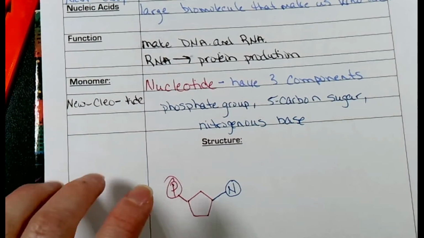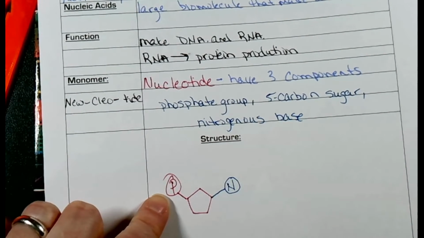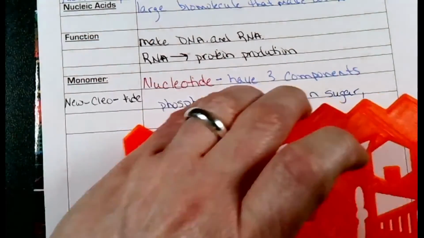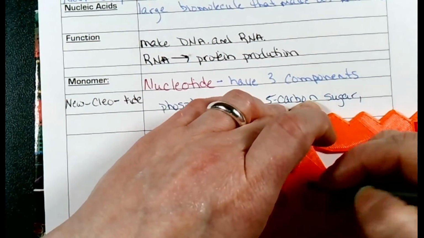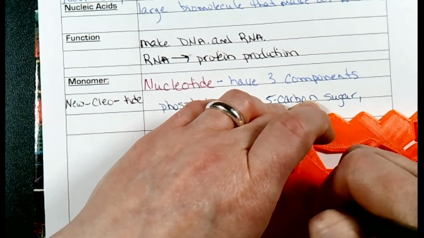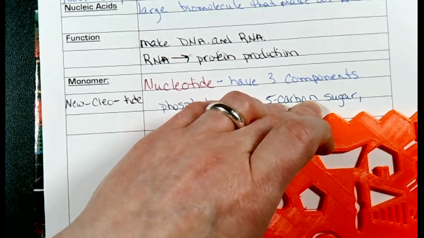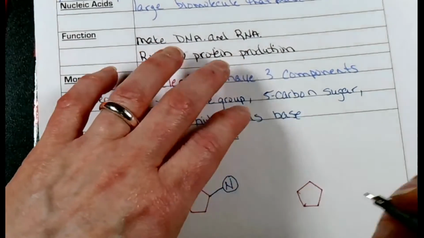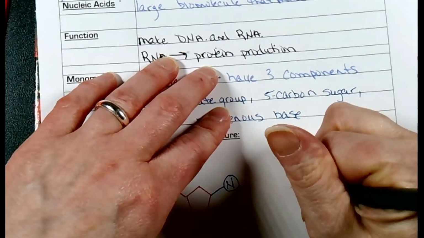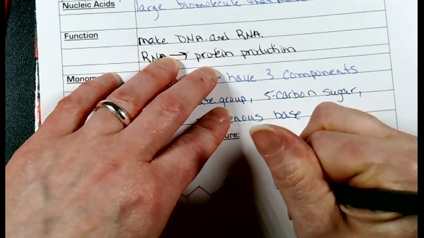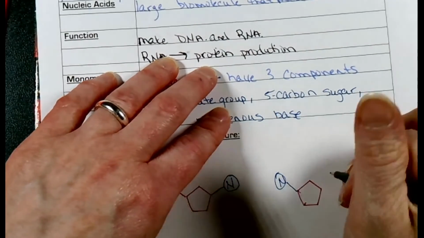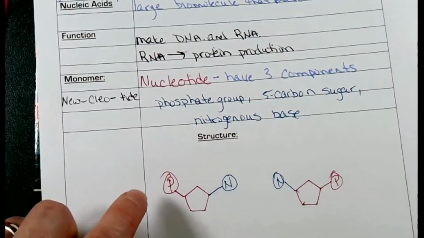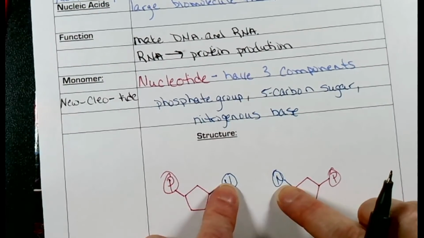You can see it where the phosphate is on the left-hand side and nitrogenous base is on the right, but you can also see it flipped because you have two strands of DNA. They can be flipped. So if you see it on this side, just like this, it does not matter. It's just phosphate is on one side, nitrogenous base is on the other.